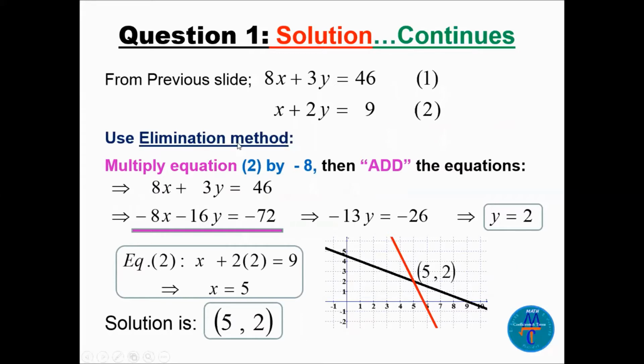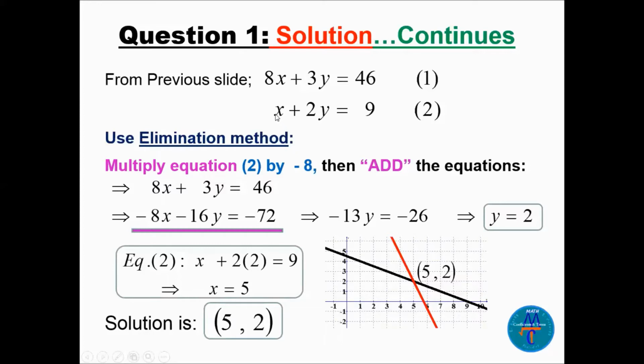Elimination method means we will eliminate or cancel or get rid of any variable first, either x or y. But the condition is that we should have coefficients that are opposite in signs, either 8 and minus 8, or any number, let's say 6 and minus 6, 7 and minus 7, on the y or on the x.